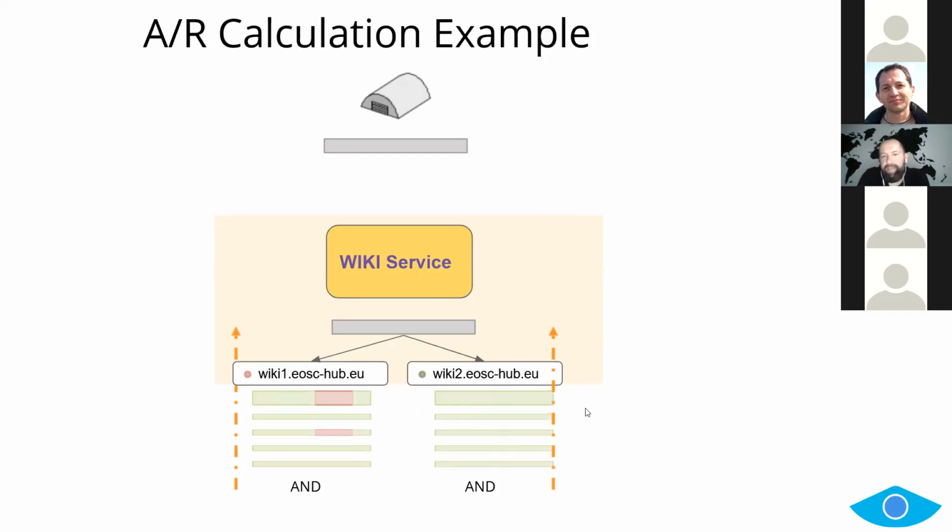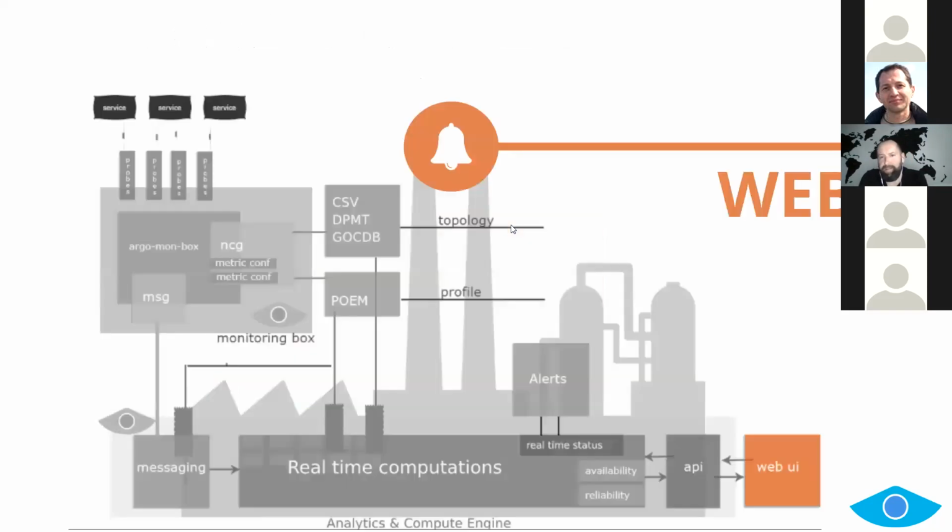And then if I set for this particular service type the operation between the individual services as OR, then my wiki service was green. If you drill down, you will see that it was red on one of the endpoints, but as a whole, it was OR. And when you generate the report for the site, the wiki service will have 100%.